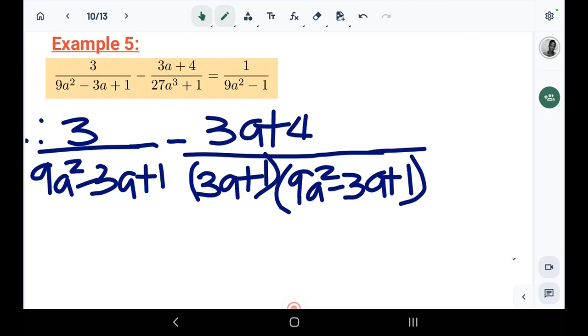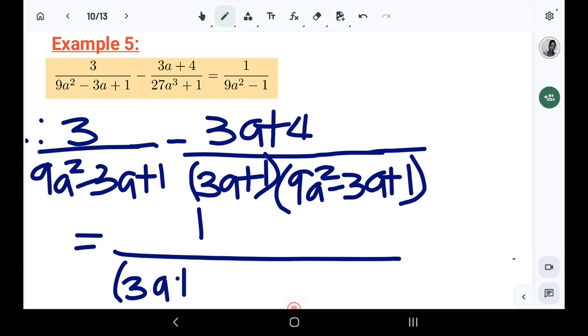Notice already that this one matches with that one. Then we've got 1 over the difference of two squares, which is 3a plus 1 and 3a minus 1.